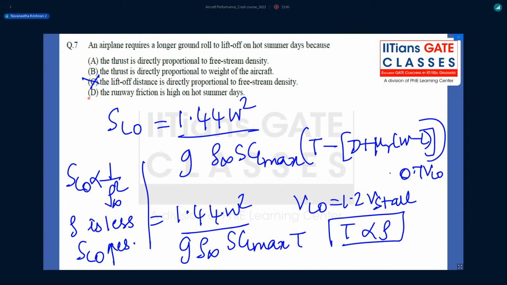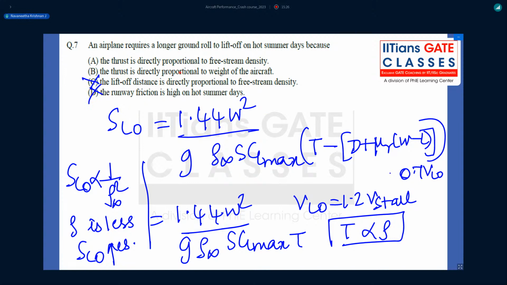Even if the friction is high, that means it is reducing this component, that is, the lift-off distance is increased. So the frictional coefficient does not play much of a role in the lift-off distance of an aircraft. So option D is also wrong.